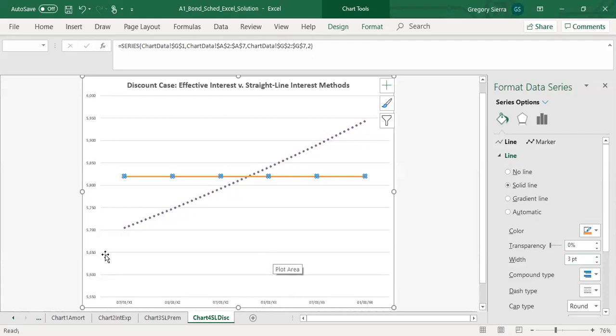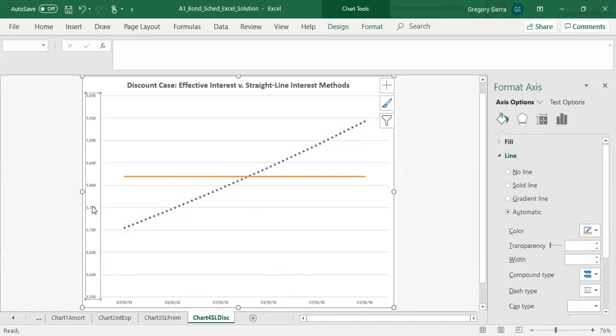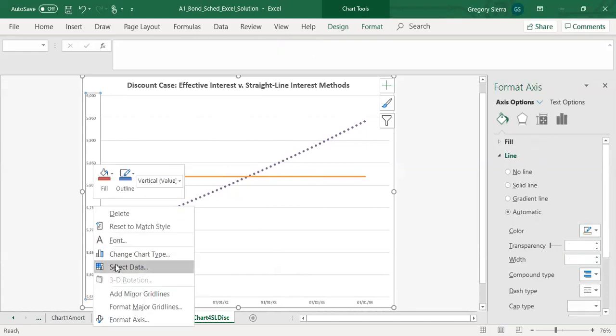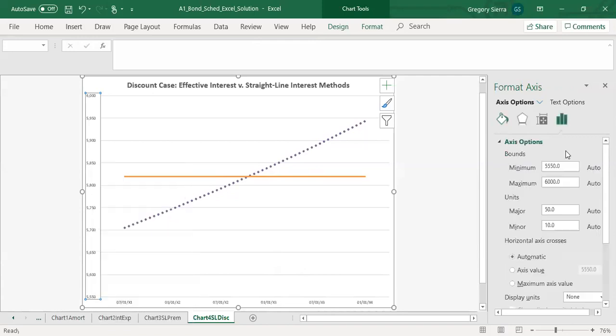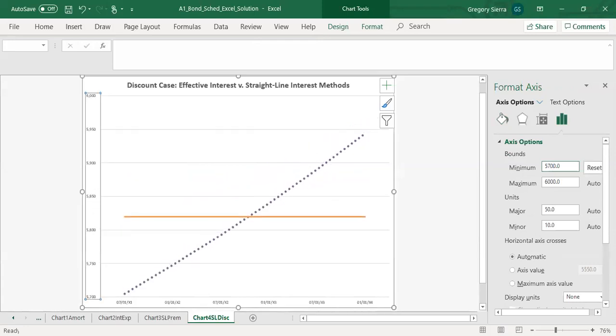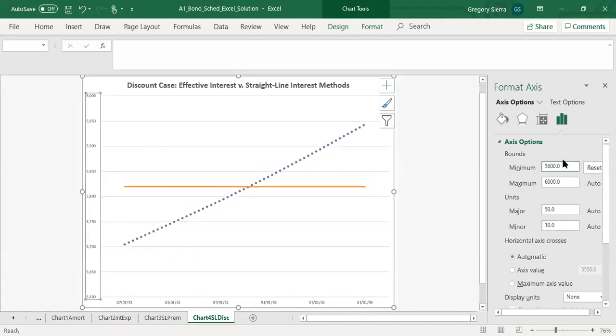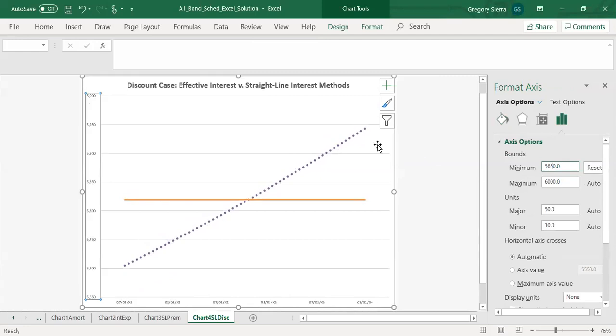Let's see, minimum. Yeah, we put the minimum at 5,700. Yeah, that's a little too low. Oh yeah, that's pretty good.